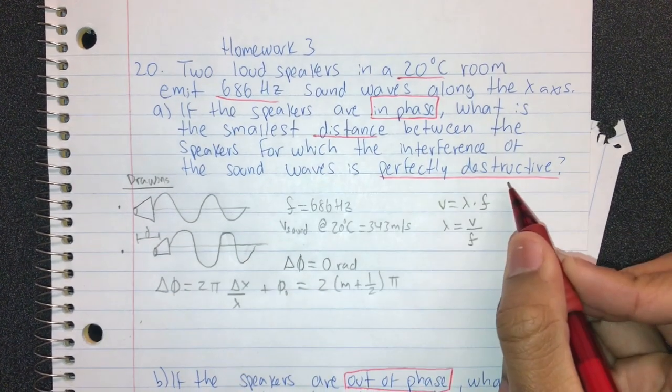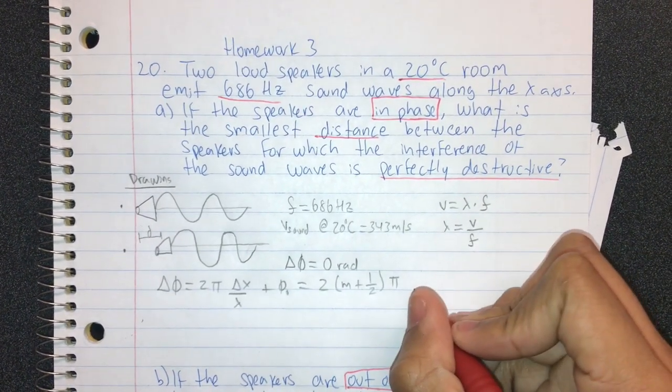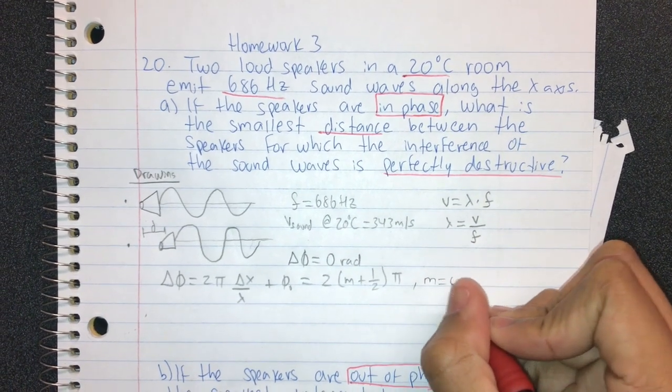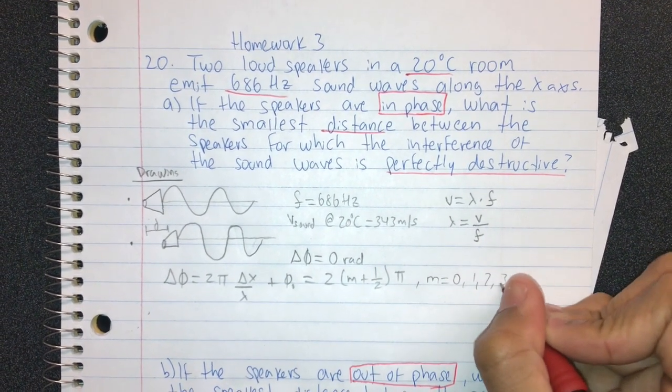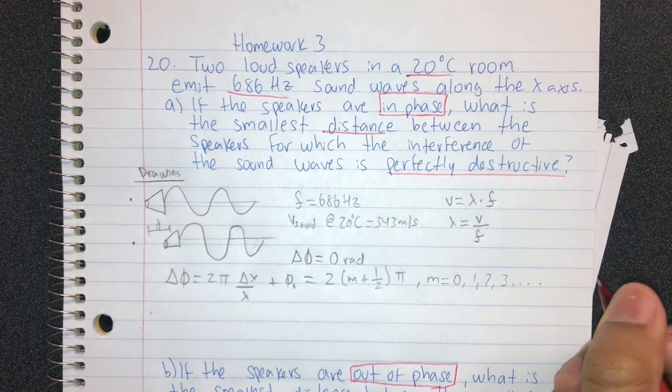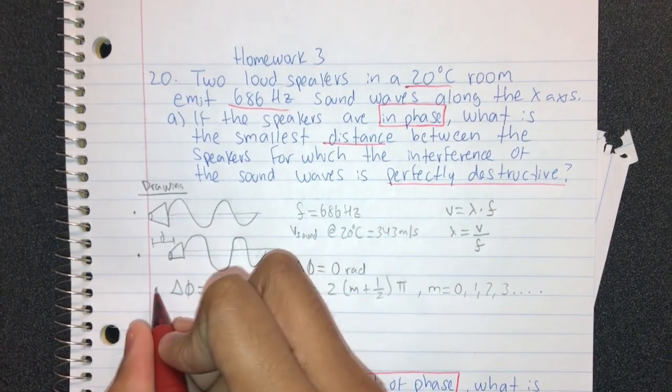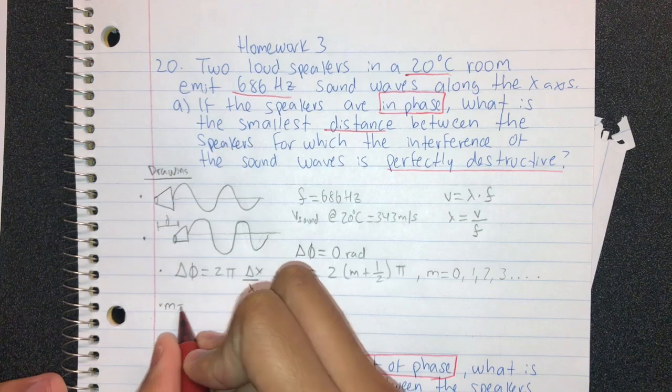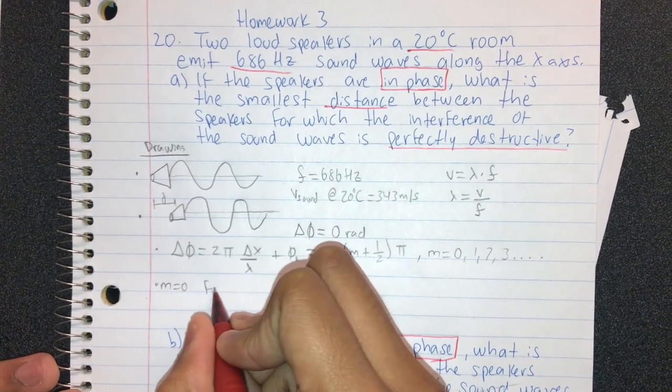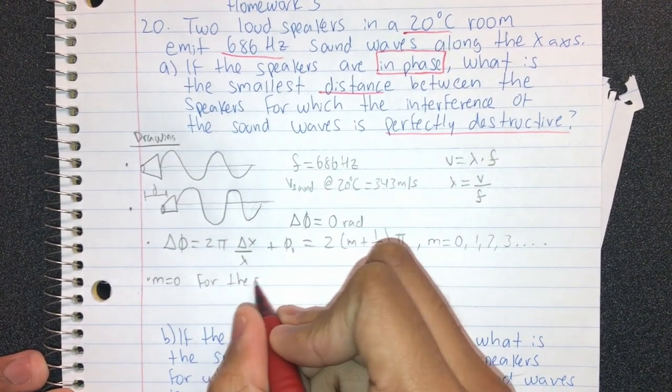This is for perfectly destructive. And in this case, m can equal 0, 1, 2, 3, etc. For this problem, we're going to use m equals 0 for the smallest distance.